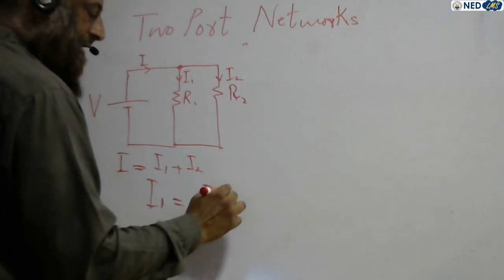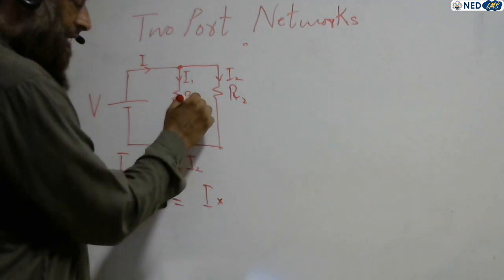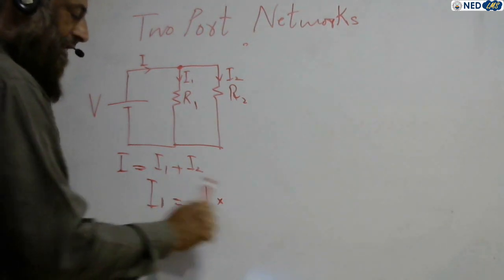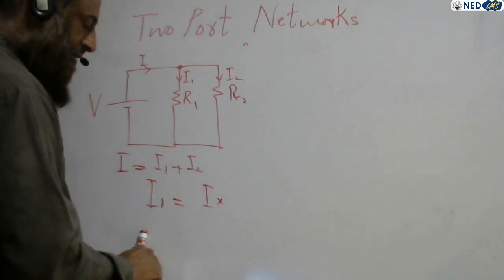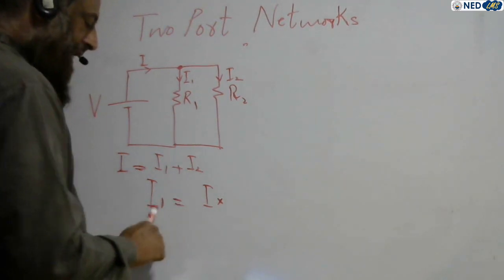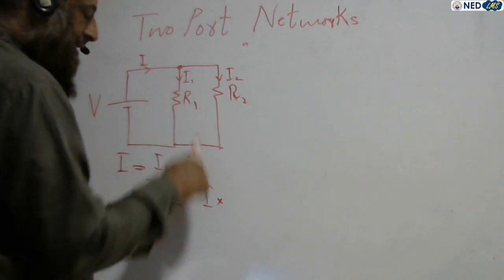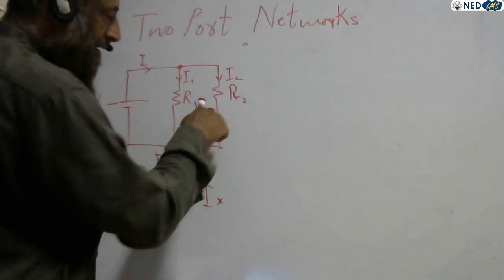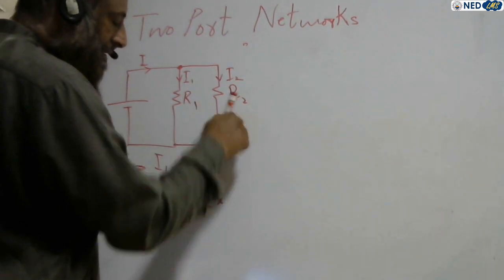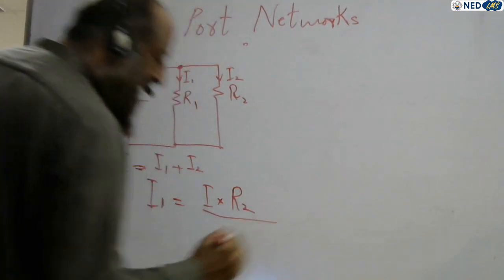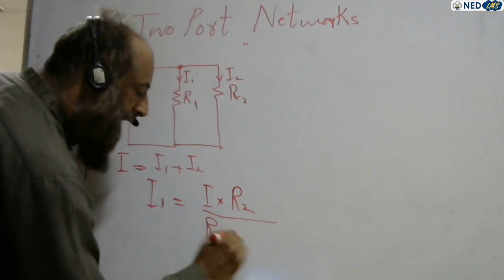Now in voltage division, the resistance was the same. That is, if the left-hand side was V1, the resistance was R1; if the left-hand side was V2, the resistance was R2. Here the resistance is otherwise. If we want to calculate branch one current, the resistance is the other one, R2, divided by R1 plus R2.